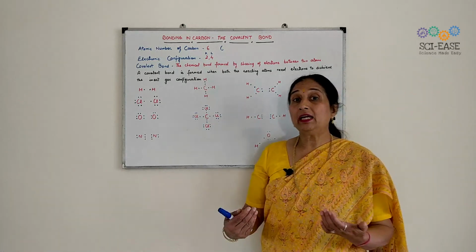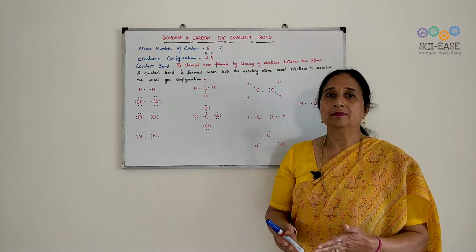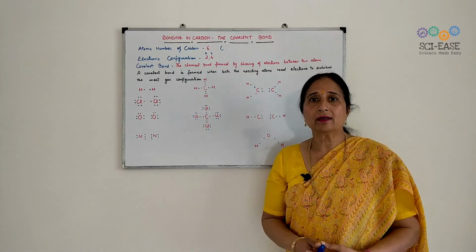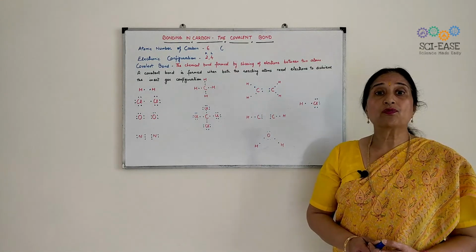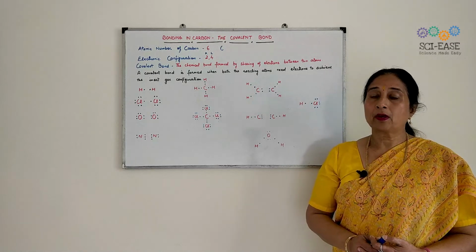We wear clothes of polyester, nylon, rayon, all contain carbon. So carbon is a very, very important element of the periodic table.